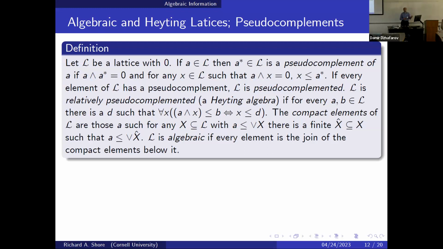The pseudo-complement A star is the biggest thing such that, for any X, it meets A to 0. It's also the smallest thing which joins it to 1, but this is half of being a complement. So these are called pseudo-complements.